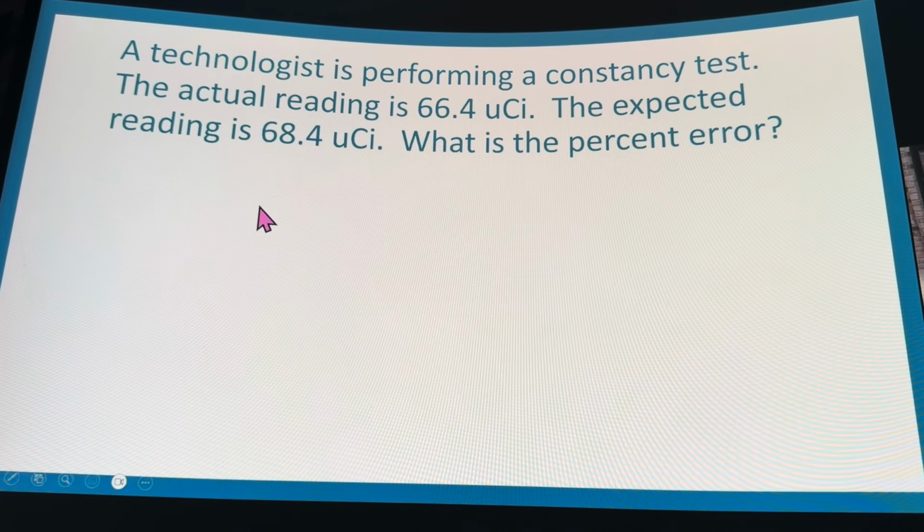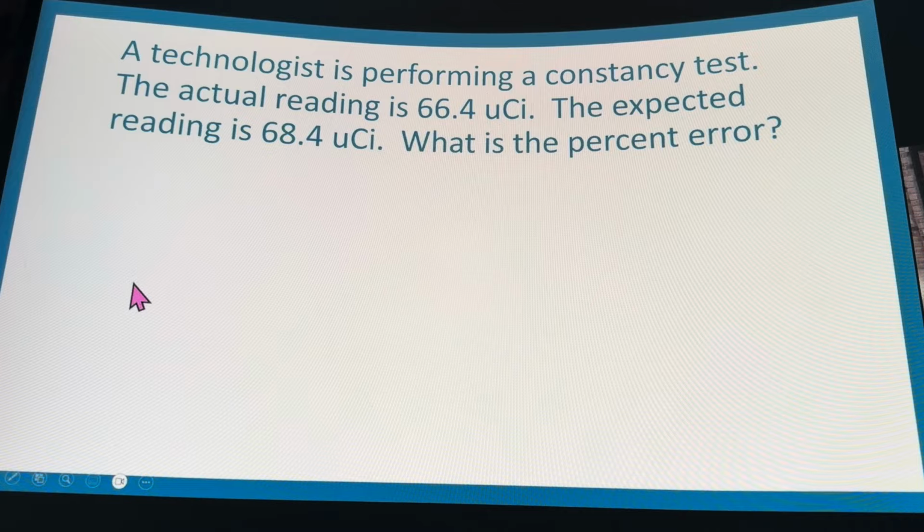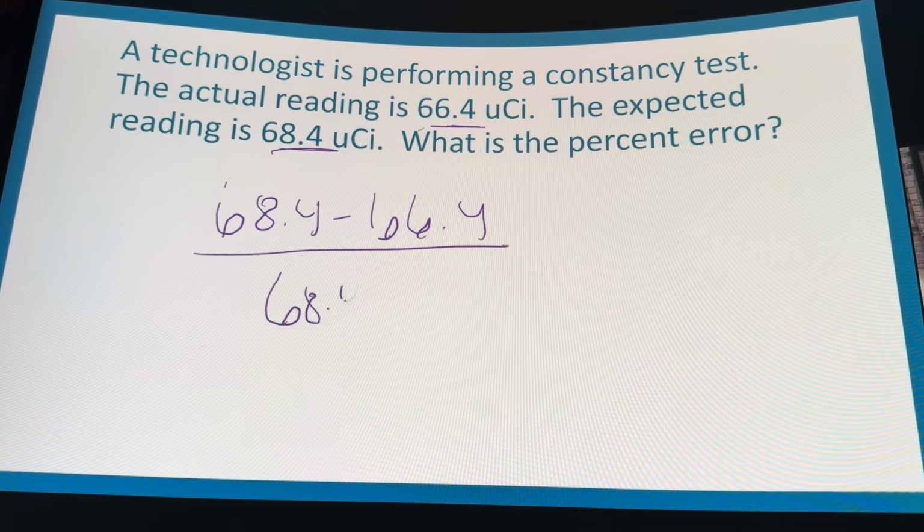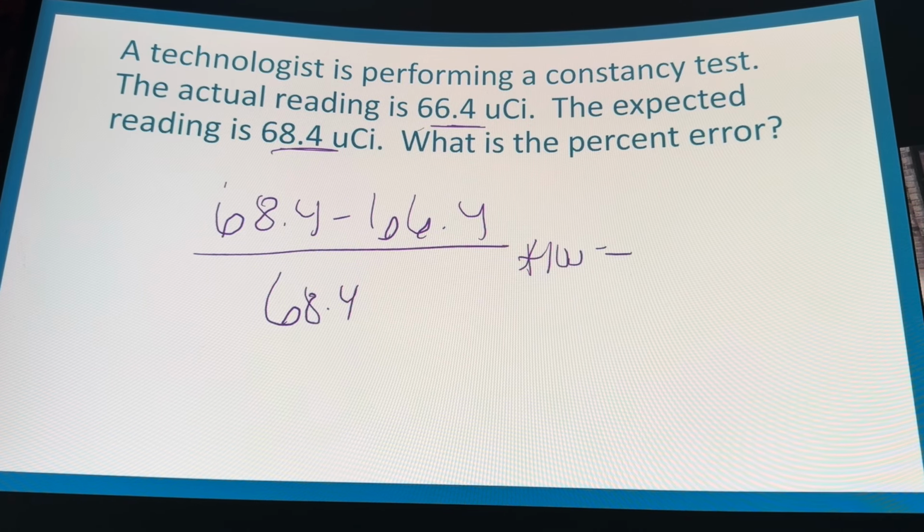Let's do another one. You're doing a constancy test. The actual reading is 66.4 microcuries. You think you expected it, you calculated it to be 68.4. So I have to take my expected, 68.4, minus my actual, 66.4, divided by my expected of 68.4, times it by 100.